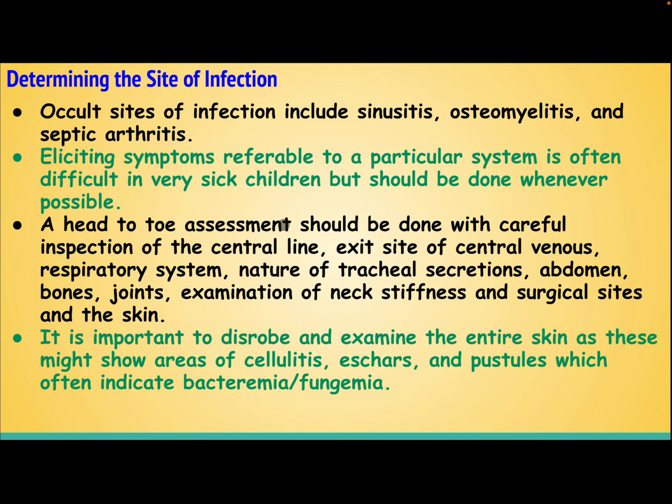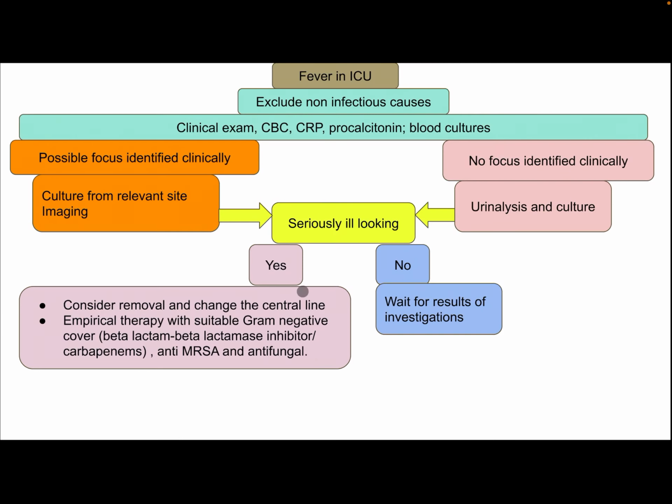A head-to-toe assessment should be done with careful inspection of the central line exit site, respiratory system, nature of tracheal secretions, abdomen, bones, joints, examination for neck stiffness, and surgical sites and skin. It is important to disrobe and examine the entire skin, as these might show areas of cellulitis, scars, or pustules, which often indicate bacteremia or fungemia.